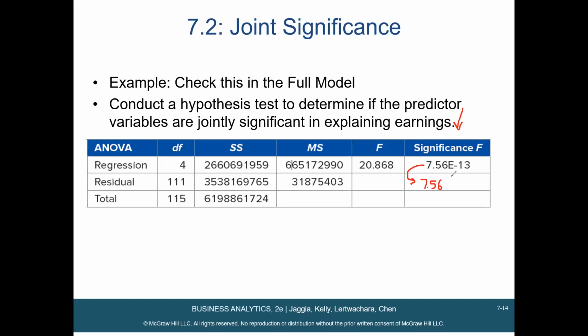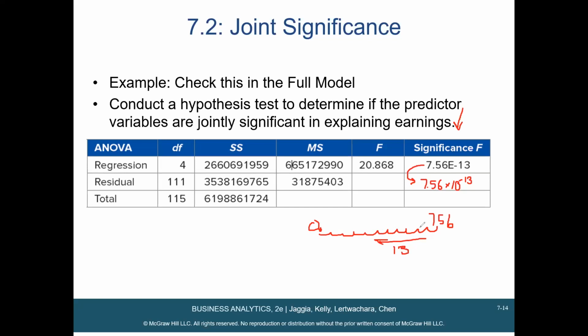The E stands for the exponent, so this stands for times 10 to the negative 13, scientific notation. So what does that mean? Well, that means you take 7.56 and you move the decimal 13 spaces over. I'm not going to pretend that I counted. You move it 13 spaces.